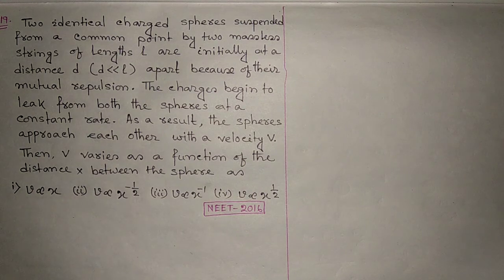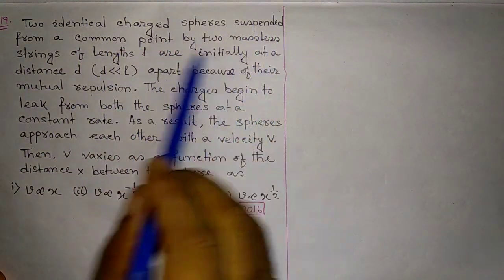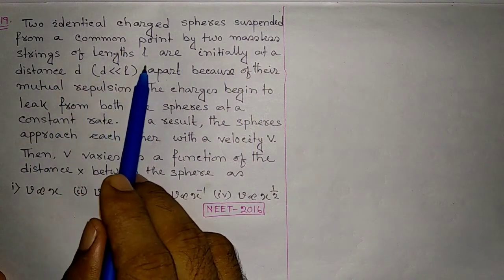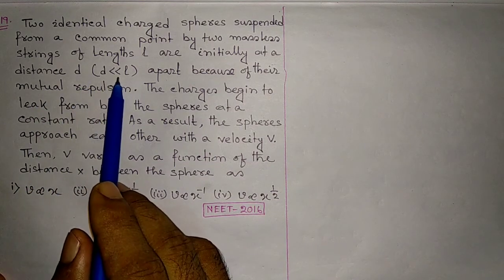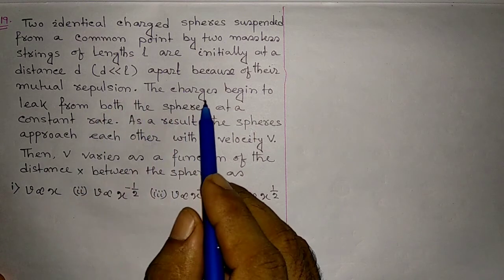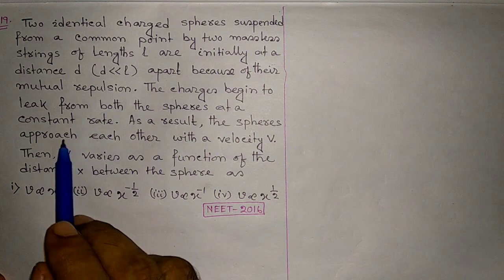Next question is question number 19. Two identical charged spheres suspended from a common point by two massless strings of length L are initially at a distance D apart, where D is very much less than L, because of their mutual repulsion. The charges begin to leak from both of these spheres at a constant rate.